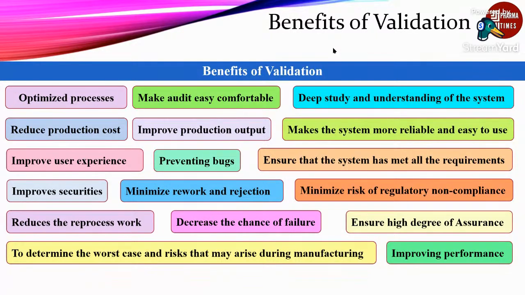If you define which type of scenario or risk will occur during the production life cycle, you can eliminate the risk and the worst-case scenario by validating the software or its function. Improving performance by automation and as per our requirement, meaning we can say we want one type of production batch in this minute. So improve performance by validation.